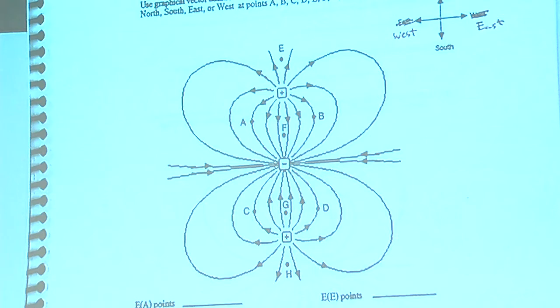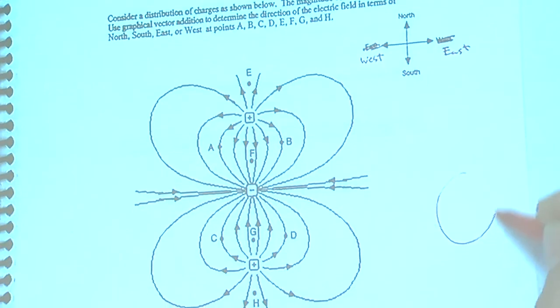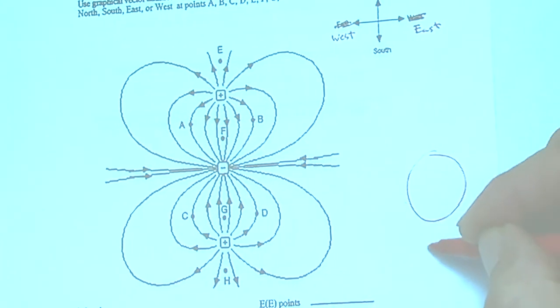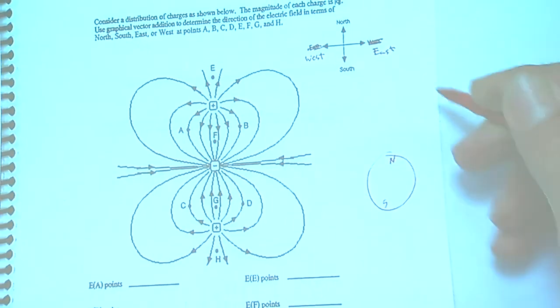Because it's tangent. Yeah, so they've drawn in the field lines for us. And if we're at that location, picture maybe a magnetic field and you're standing there with your compass. What direction would your compass needle point? If we draw the Earth and some magnetic field lines, this would be the north pole of the Earth and this would be the south pole of the Earth, right?